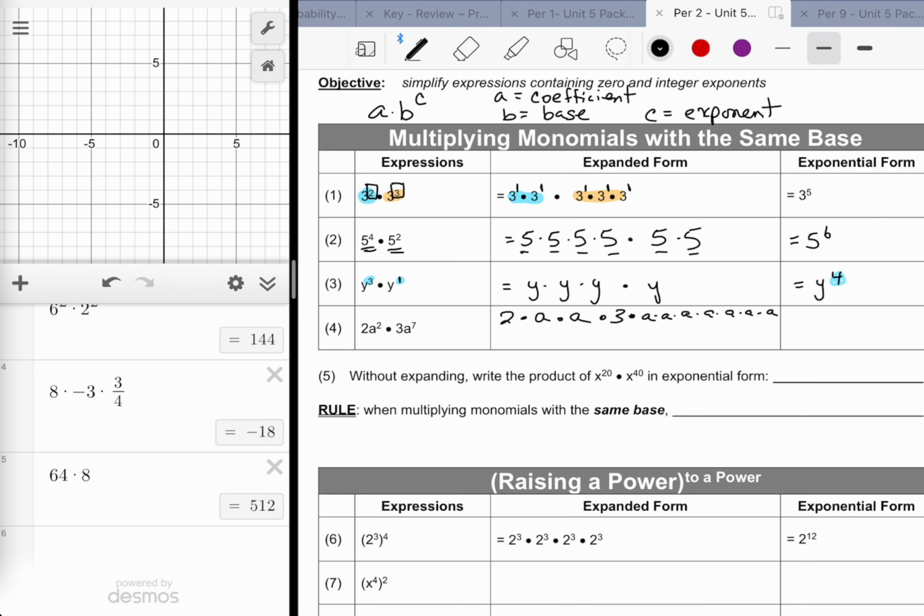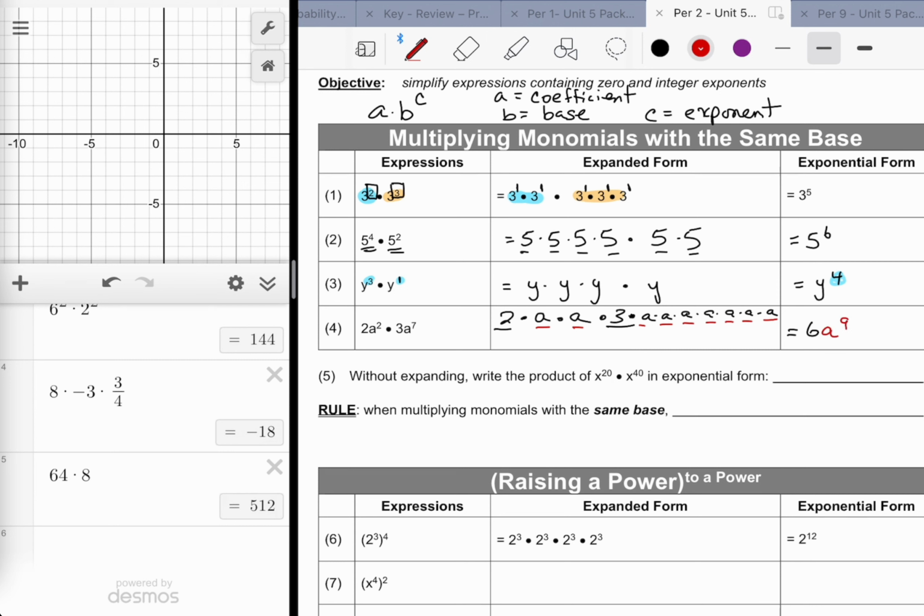But the commutative property tells me that I can multiply these numbers in any order I want. So why not multiply the 2 and the 3 first, get a result of 6, and then worry about the a's and how many of those there are. Looking at the a's, I see I have 1, 2, 3, 4, 5, 6, 7, 8, 9 of those a's, so a to the 9th.